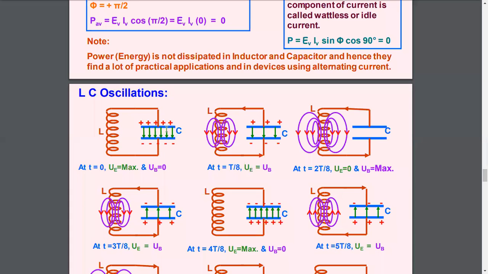In this way, electrical energy and magnetic energy keep on oscillating across each other periodically, just like in the case of mechanical oscillation, where gravitational potential energy transforms into kinetic energy, and then kinetic energy transforms into potential energy, when the oscillating bob moves from the mean position to the extreme position.